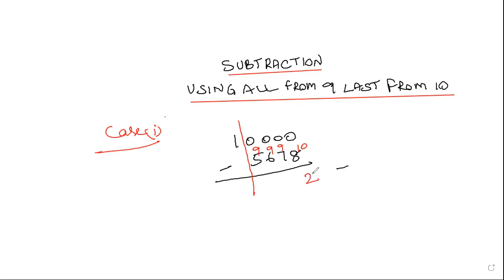So 10 minus 8 is 2, 9 minus 7 is 2, 9 minus 6 is 3, 9 minus 5 is 4. And the predecessor, the previous digit to 1, is 0. So here you will have only 0. Your answer is 4,322.